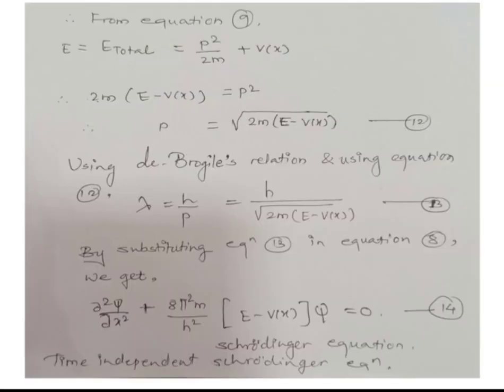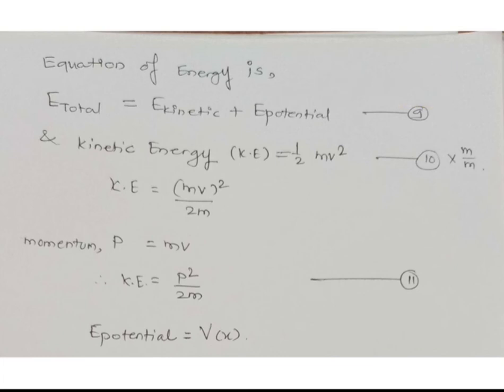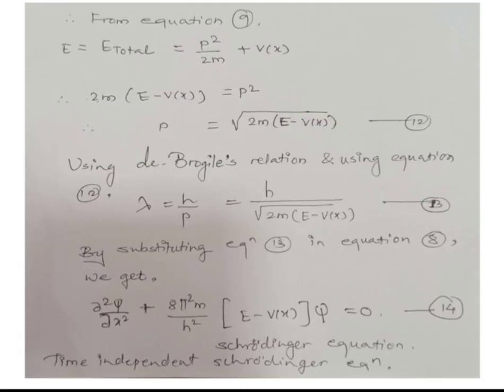Now from equation number 9, total energy is equal to kinetic energy plus potential energy. Just put the values in equation number 9 and we will get E = p²/2m + V(x), where p²/2m is the kinetic energy and V(x) is the potential energy.